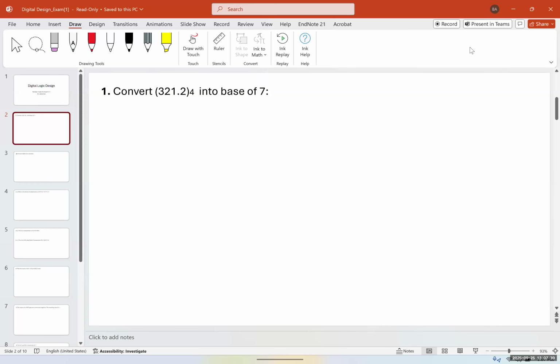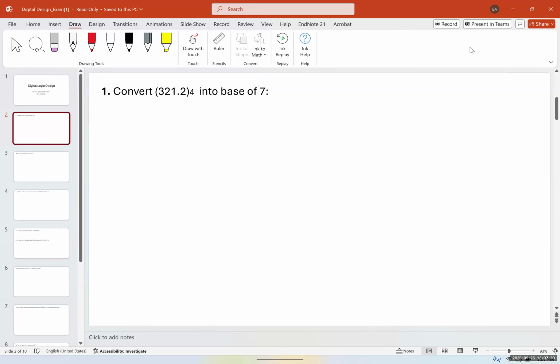Then we divide 8 by 7. It's going to be 1, and the remainder would be 1. And then we divide 1 by 7. It's going to be 0. The remainder is going to be still 1. So 57 in the base of 10 would be 111 in the base of 7.